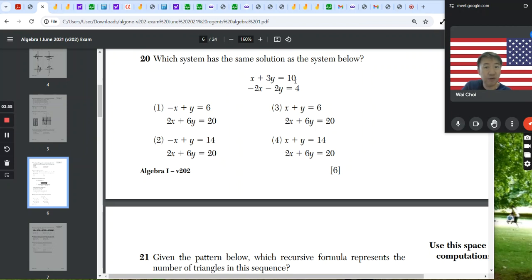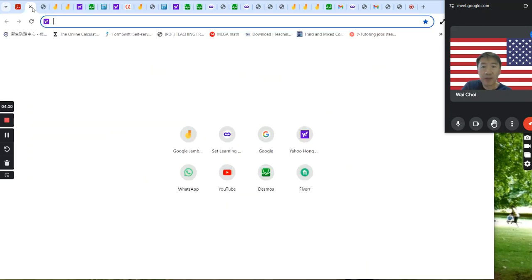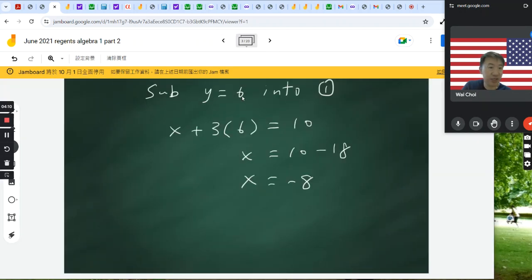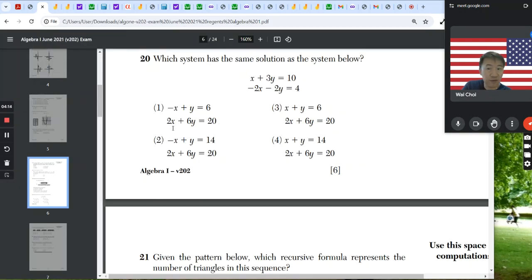Because they are equivalent, when we substitute x equals negative 8, they will give us the correct y, which is 6. There's no need to check. They're equivalent, so the answer is going to be the same. So all we need is to check the first half of the system right here.